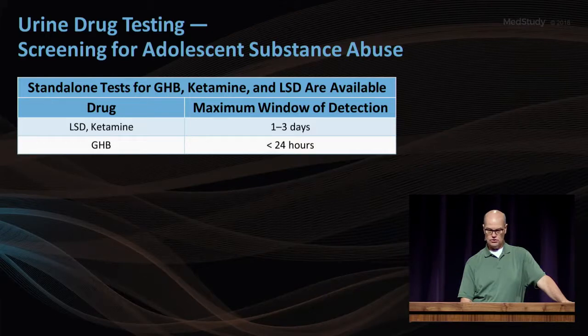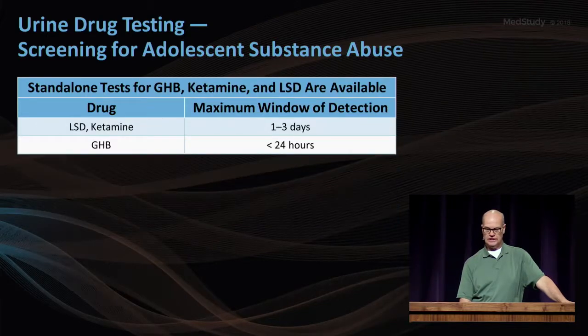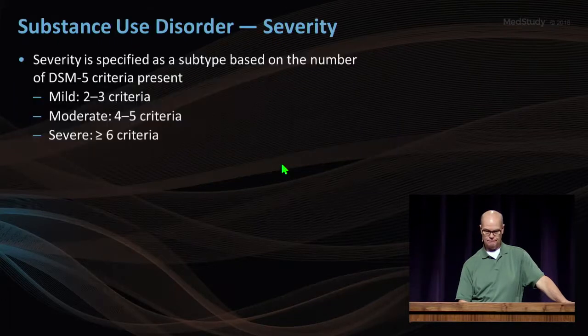And that includes these particular tests. Now remember that these particular drugs make up a basic urine drug screen. More comprehensive urine drug screens can also test for hallucinogens and so-called date rape drugs that we'll talk about in a second.